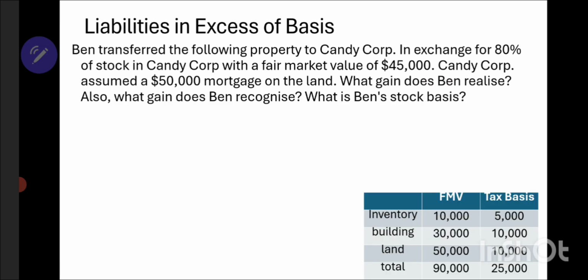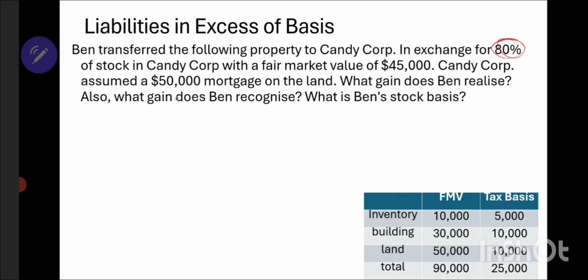Now, getting into liabilities in excess of basis. Ben transferred the following property to Candy Corp in exchange for 80% of the stock, so it qualifies under Section 351 as far as we're concerned, with a fair market value of $45,000. So this stock has a fair market value of $45,000. Candy Corp assumes a $50,000 mortgage on the land.